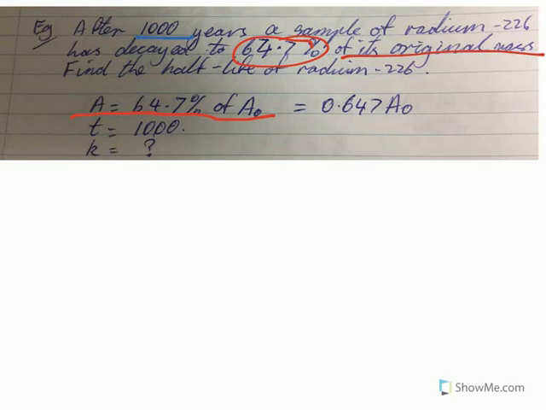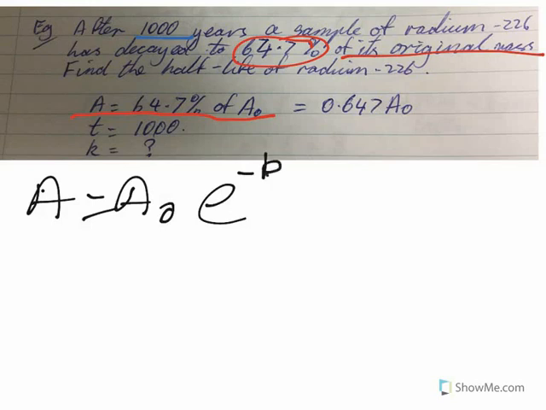So the constant is the thing we need to know. So if we've got A equals A0 e to the, and because it's decay, I'm putting negative kt. Now again, if you just put k, that's fine, and the mathematics will work out.